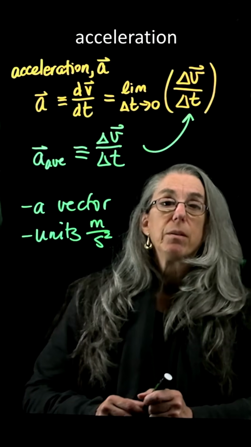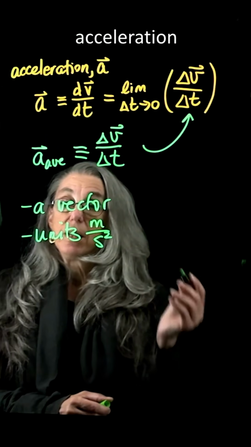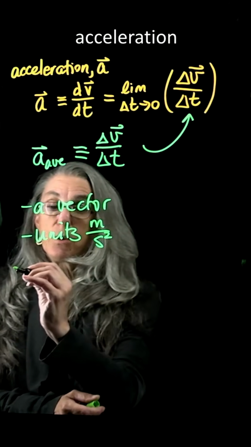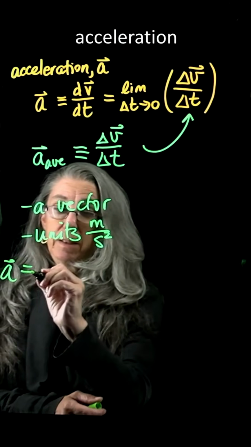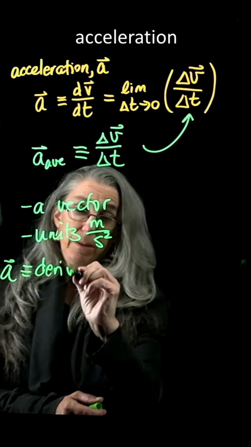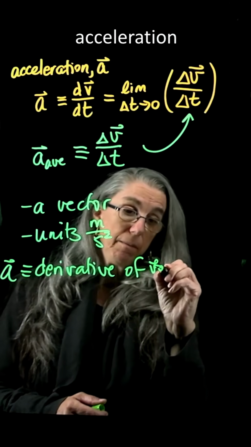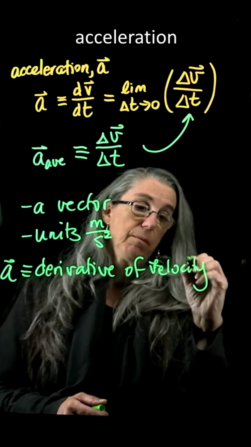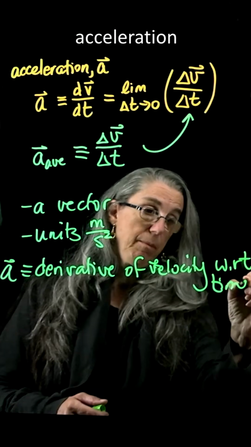Everything else that we learned about derivatives when it was velocity as a derivative of position still holds true. So the acceleration is a derivative of velocity with respect to time.